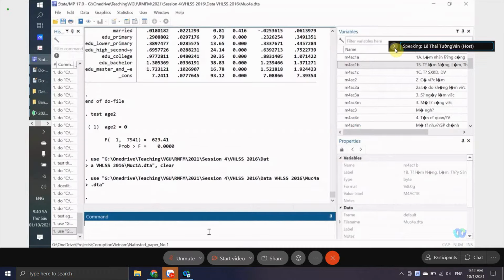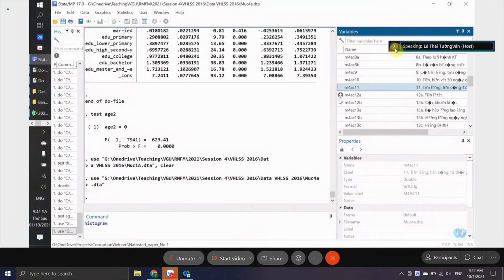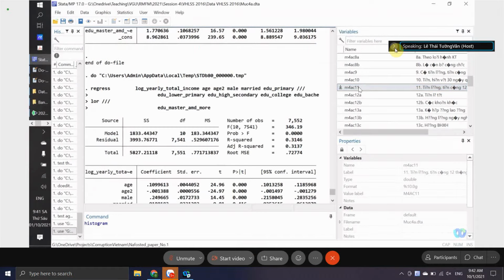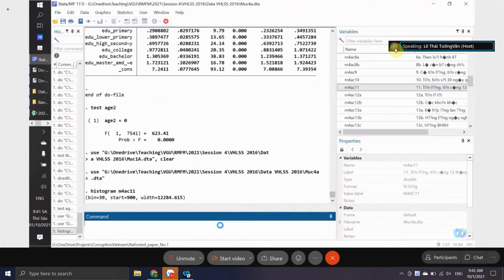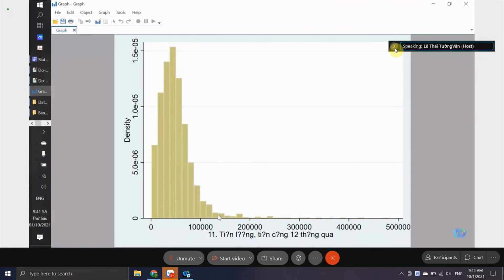We say histogram, then question number 11, that is tiền công tiền lương in the last 12 months, that is income in the last 12 months. Now, if you do the histogram of this variable, you will see that it has this distribution.